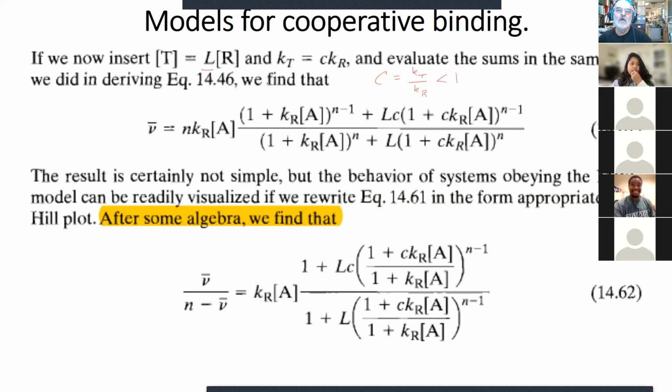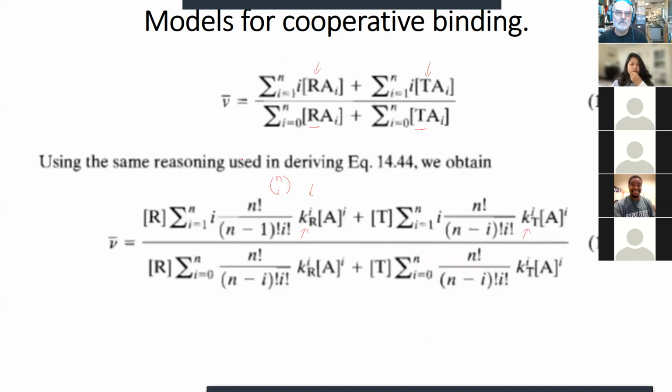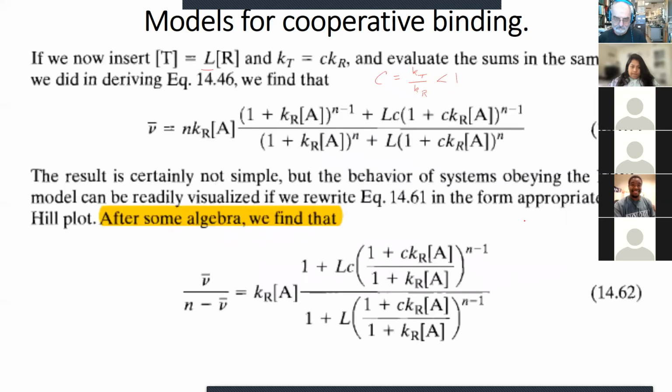And so what we have here, the complexity is we have R and T. The complexity is we have KR and KT. And so we want to get rid of 2 of them. We want to get rid of T and we're going to get rid of KT.